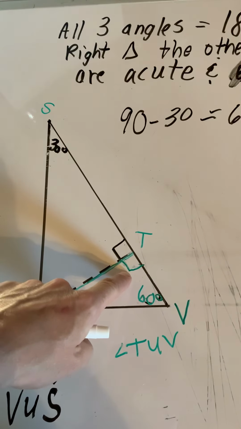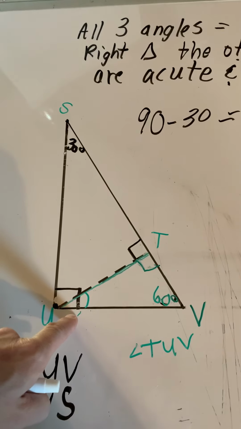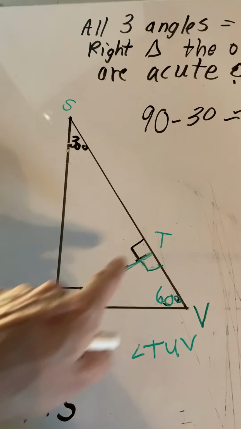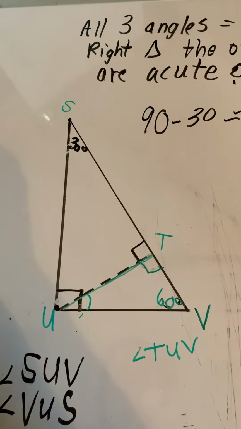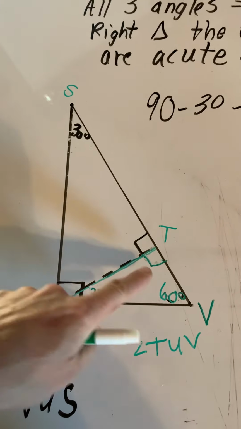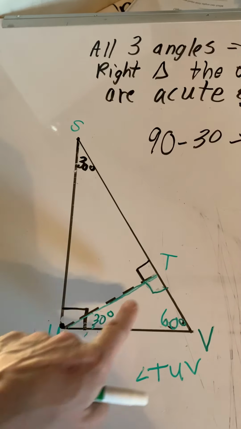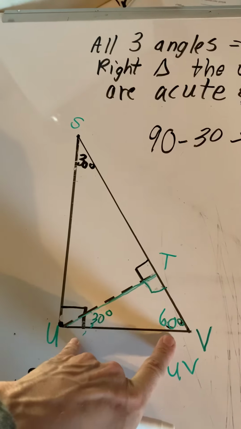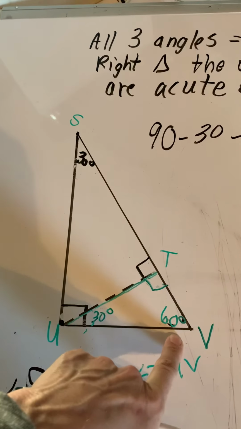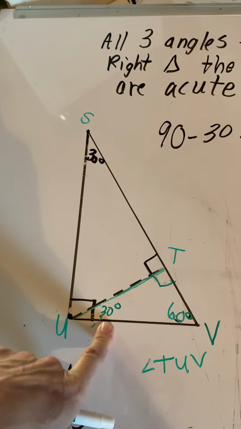So if this one's 90 and this one's 60, what does TUV have to be? Right, that would also be 30, because 90 plus 60 plus 30 equals 180. Or because we know that's 90, we know the other two acute angles have to equal 90. So if we know this one's 60, then this one has to be 30 because 30 plus 60 equals 90.